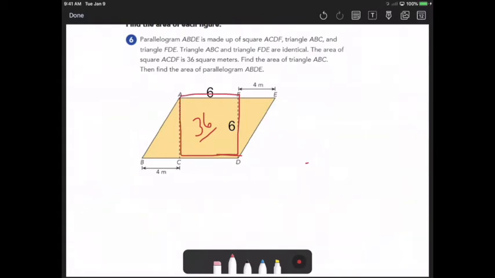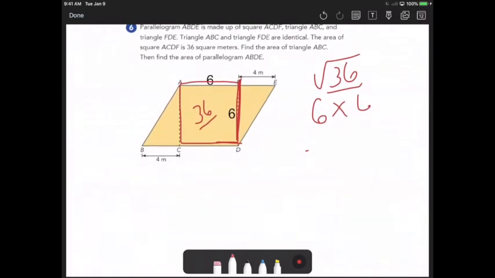So I need the square root of 36. And the square root of 36, if you remember, is what number times what number equals 36. It has to be the same number, which would be 6. So it's 6 times 6. So that means this is 6, over here is 6. Everywhere is 6, going to all the sides.